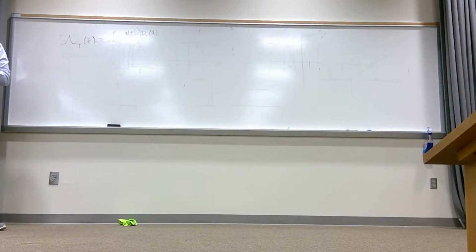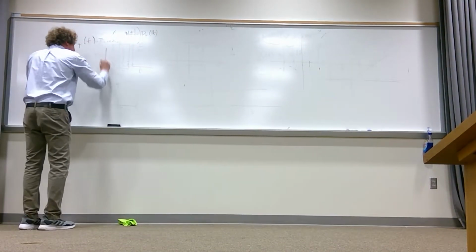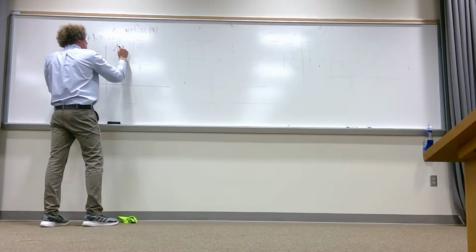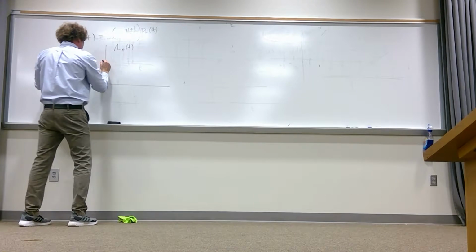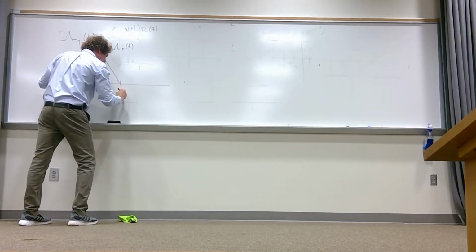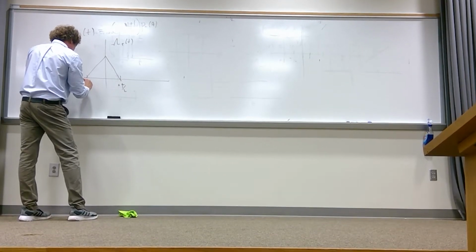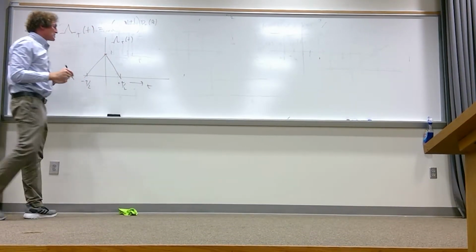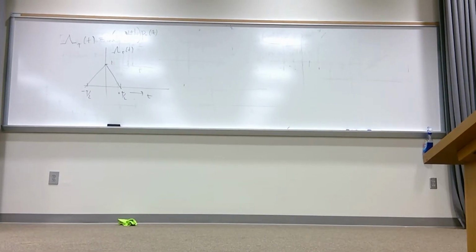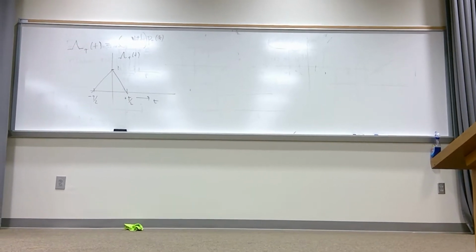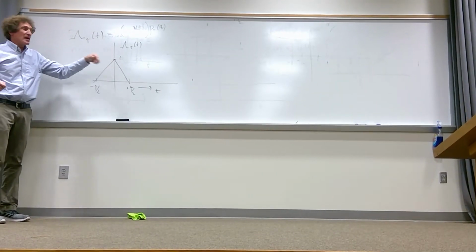Now, let me just show you what it looks like. It looks like this. It's a triangle. That's all it is. It starts at -τ/2, it stops at τ/2, goes up, it's a peak, goes down.